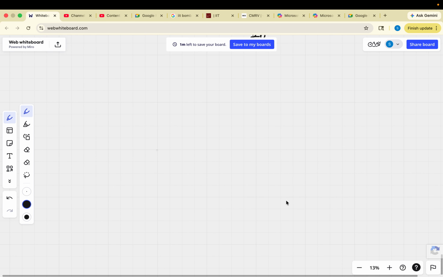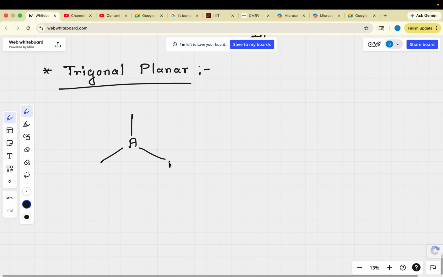Fine. Now next, suppose you have trigonal planar, like this. A is the central atom, and here you have B, B, B. If all the atoms are symmetrical, suppose you have BH3 or BCl3, the same type of molecule.